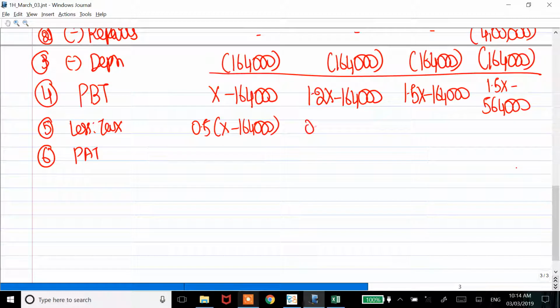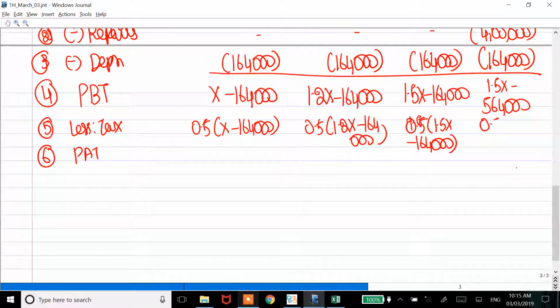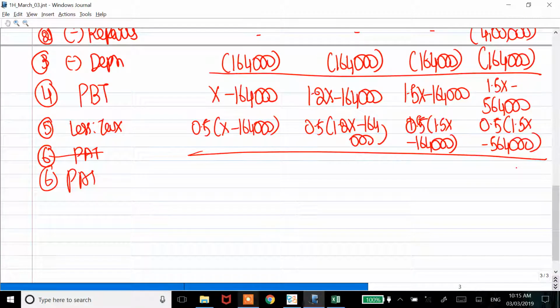Don't simplify at this stage. The tax and the PAT is same.